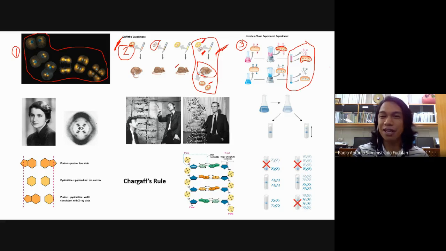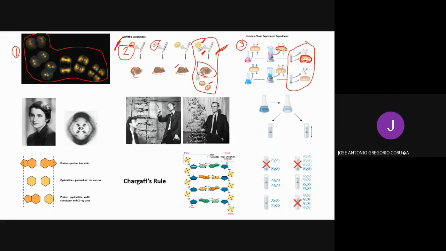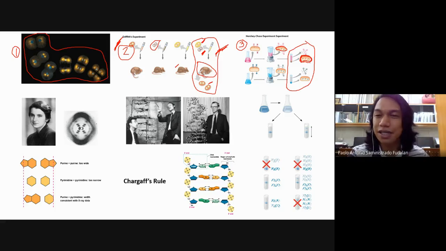The one found in your gut, and also in the fecal matter. They used E. coli, sir. Okay, so these are E. coli cells. So they infected the E. coli with a sulfur-labeled bacteriophage.